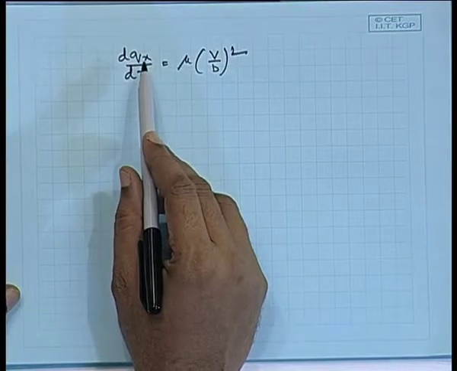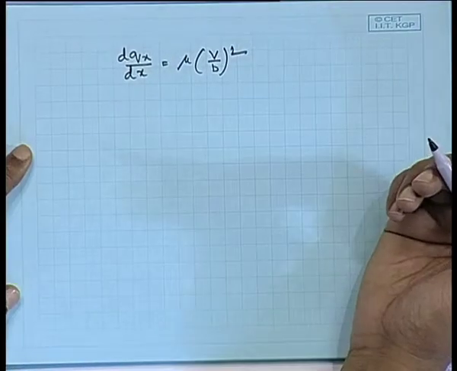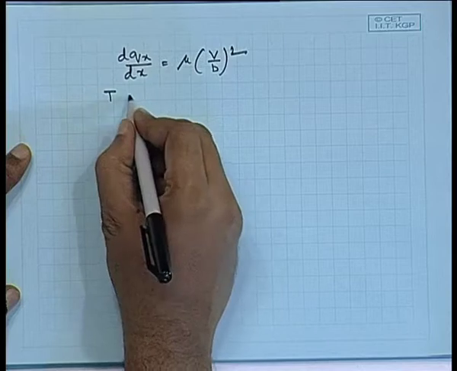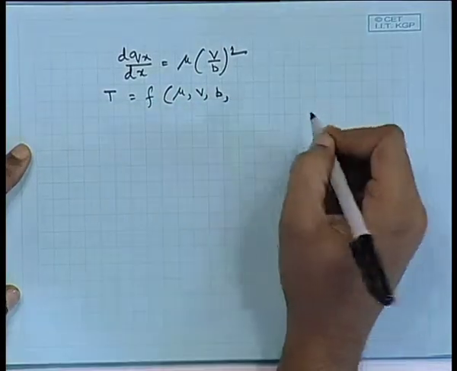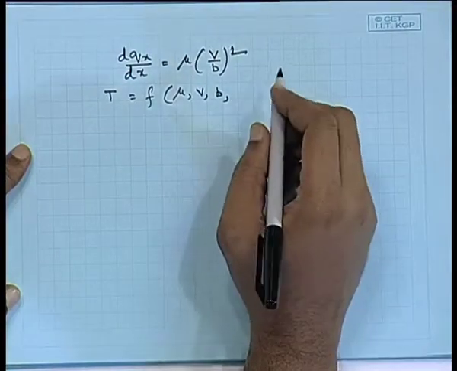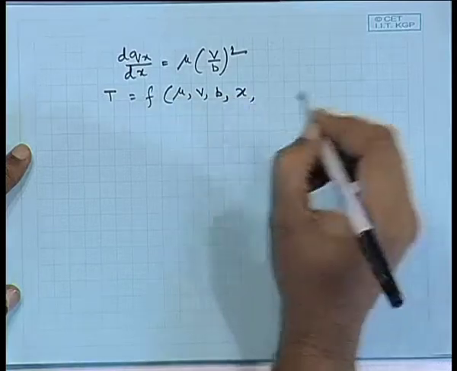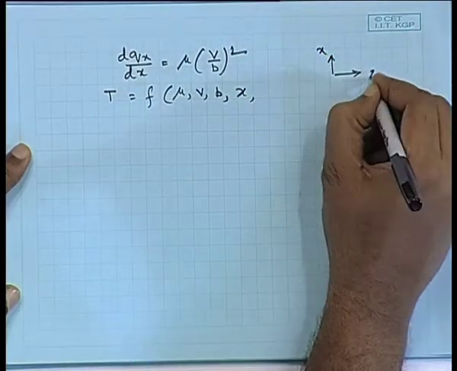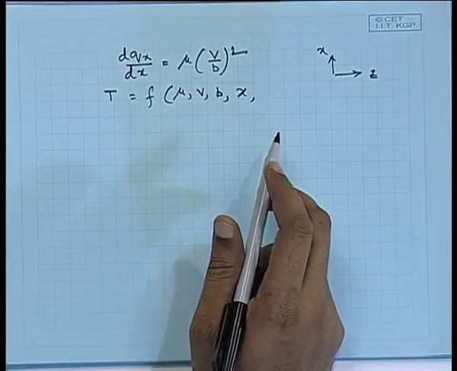So, you get Qx in terms of temperature, integrate that equation twice and what you would have is T as a function of mu, V, B and what else? Should there be an x in here? Oh, yeah, right, x, this is x and this is z, all right. And what else do you think could be there in the functional form of T?